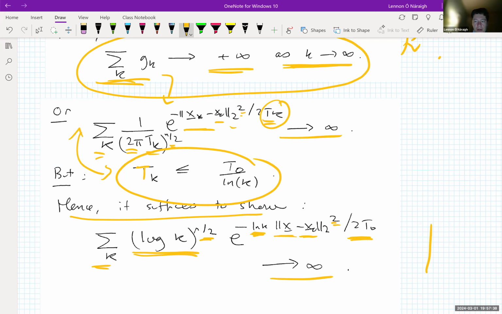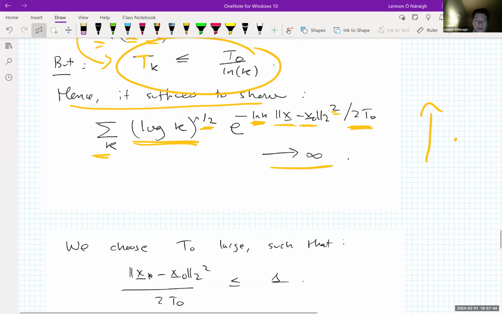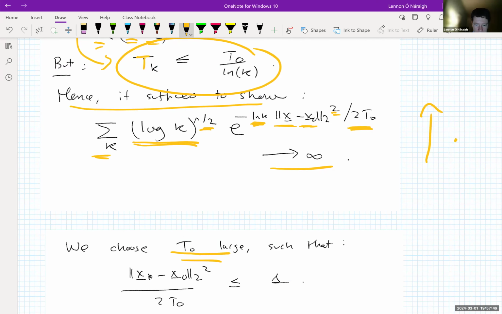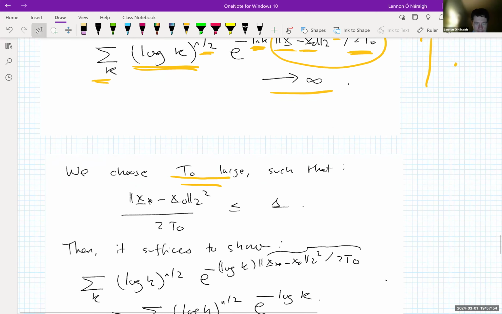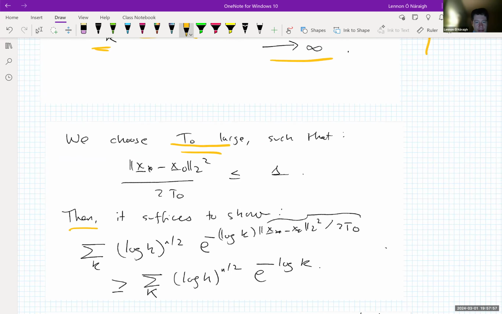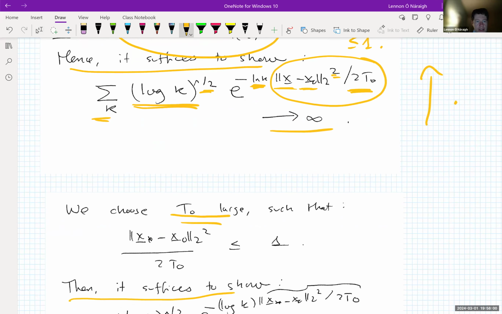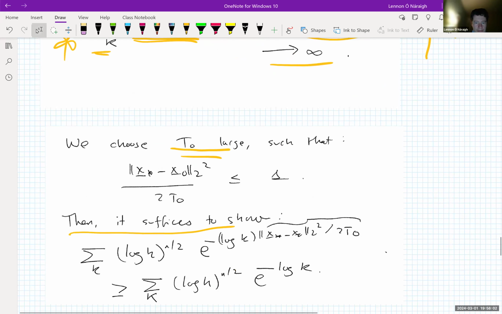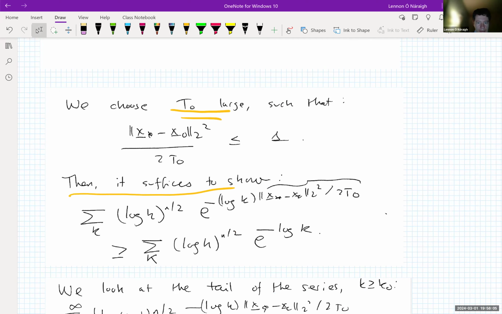We can reason back up the chain to show the probability of the system entering the region R goes to 1. So back to the meaning of t0 large. We want to choose t0 large such that this is less than or equal to 1. And then it suffices to show, referring back to this inequality, the sum over k of (log k)^(n/2) times e to the minus log k ||x star minus x0||^2 over 2 t0, which is now less than or equal to 1.